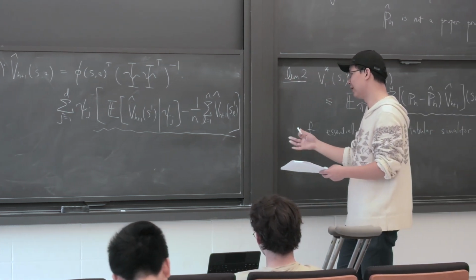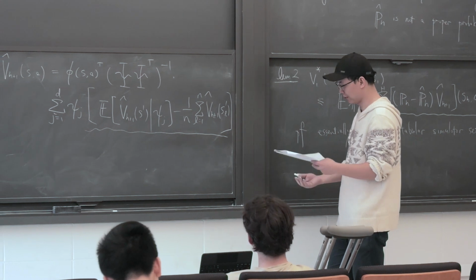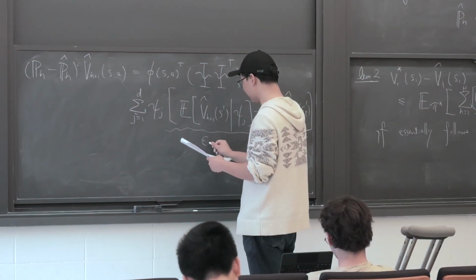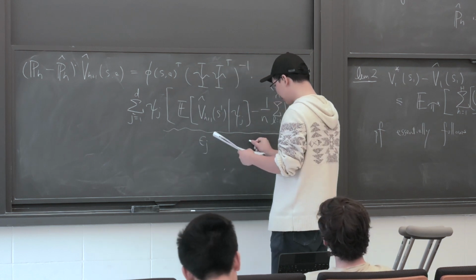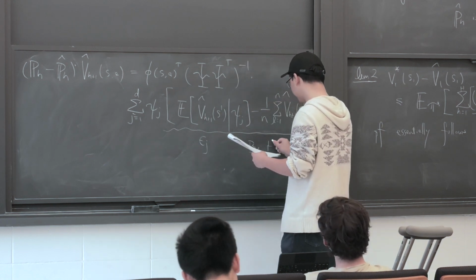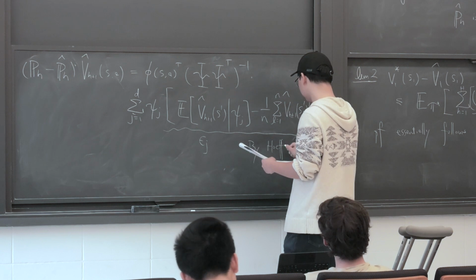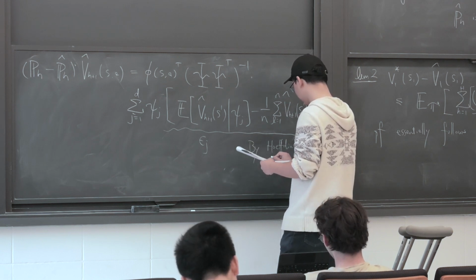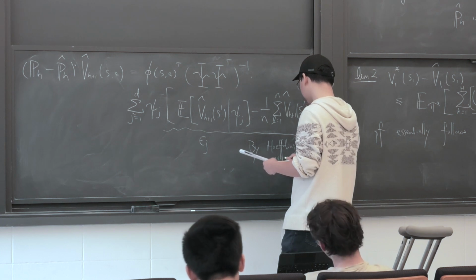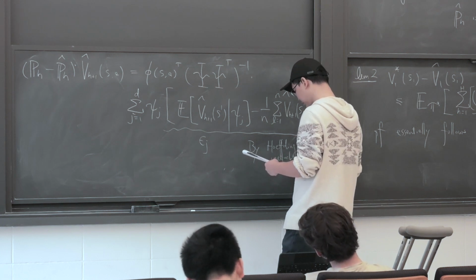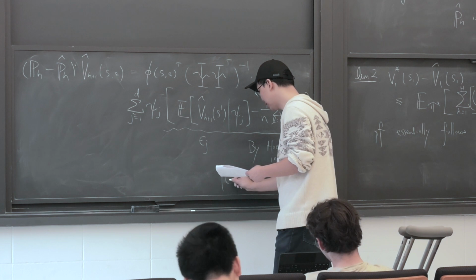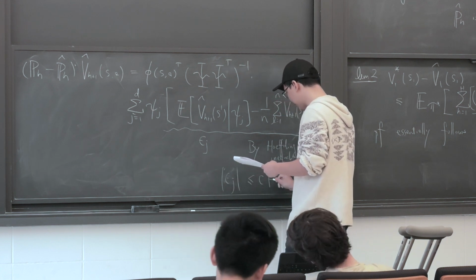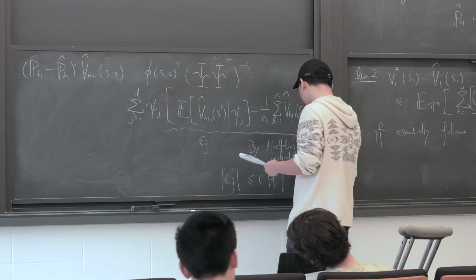So this is essentially the standard concentration, and we call this epsilon_j, and by Hoeffding's inequality, the norm of epsilon_j is upper bounded by some constant times horizon times square root of iota over n.